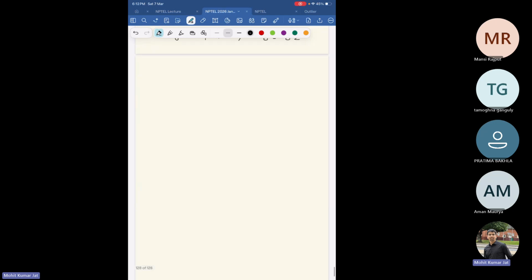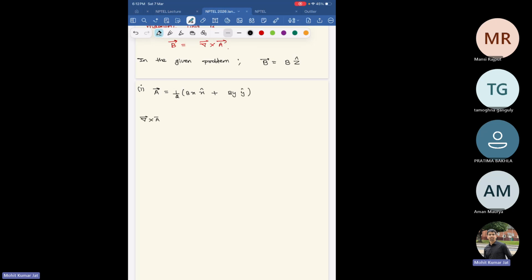So let's start from option number 1. Vector A is 1 by 2 (Bx x cap plus By y cap). And the curl of A goes to the determinant of i, j, k; del by del x, del by del y, and del by del z; then you take bx, by, and 0.